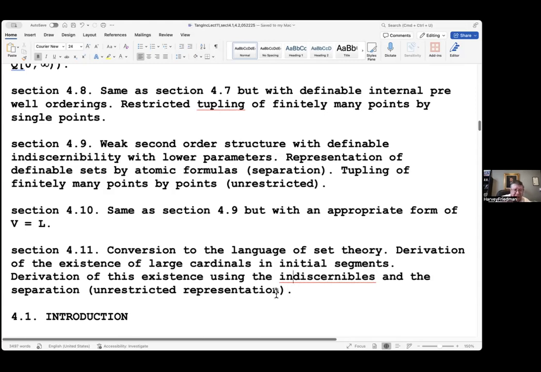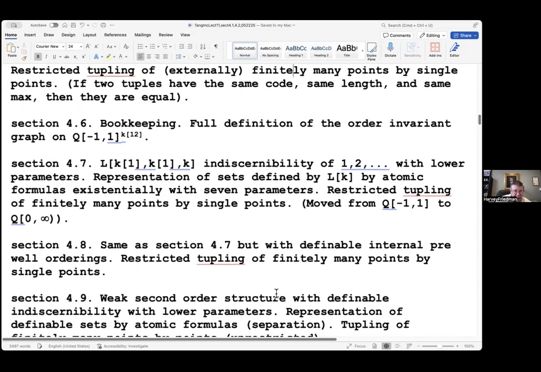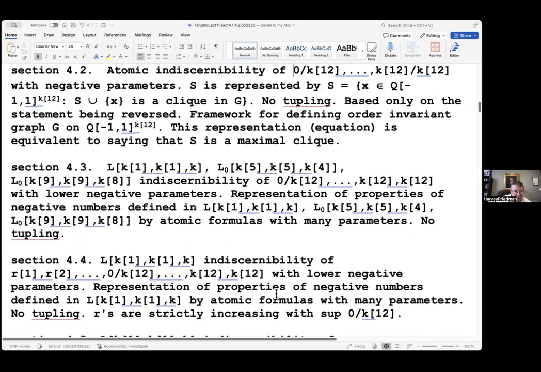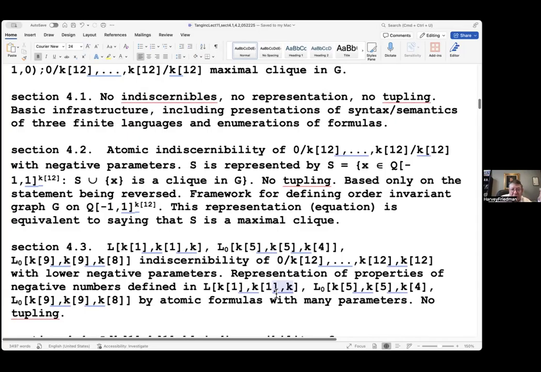Okay, let me go over this again because I made all these changes, just expositional. So we start off with no indiscernibles, no representation, no tupling, basic infrastructure, set up the languages and enumeration of formulas. In section 4.2, we note that the statement we're reversing has atomic indiscernibility in it and has the representation of S in it, just the invariant maximal clique that's existentially instantiated from the statement.